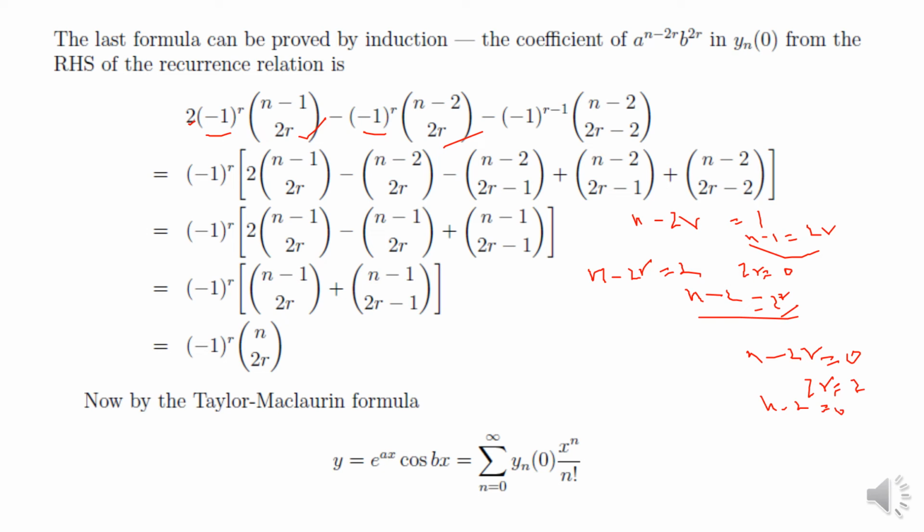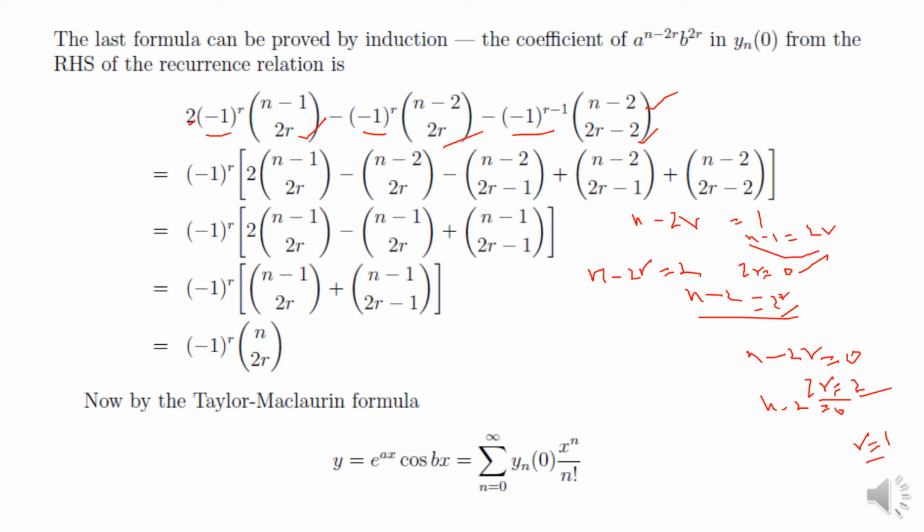So we can write n minus 2 is equal to 0, and from here 2r minus 2 is equal to 0. It means n minus 2 is equal to 2r minus 2. So we are writing the same thing here: n minus 2, taking 2r minus 2. And why have we taken minus 1 to the power r minus 1? Because from here we get r is equal to 1 and r minus 1 is equal to 0.